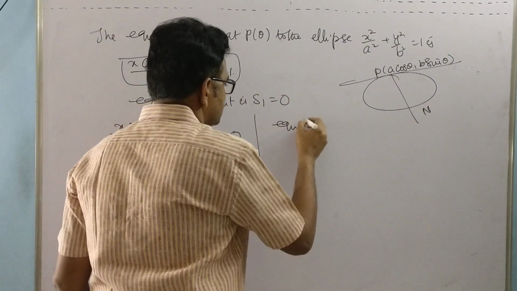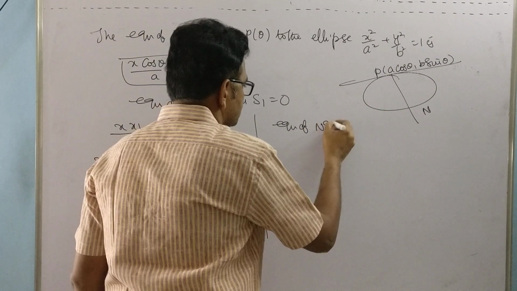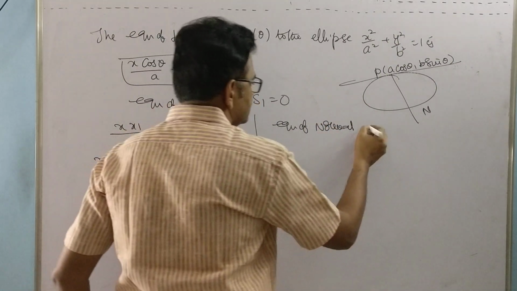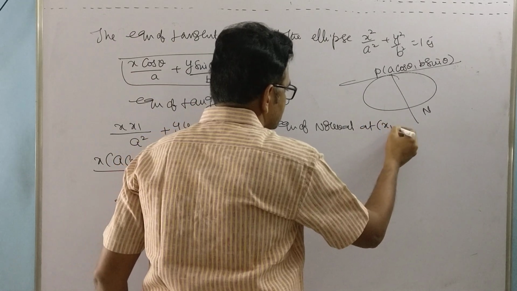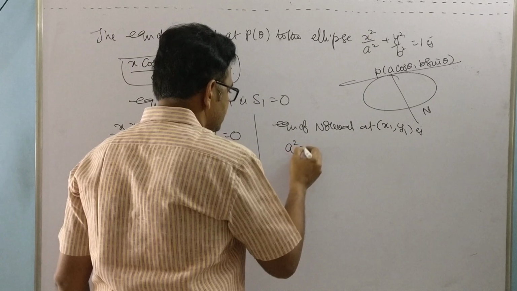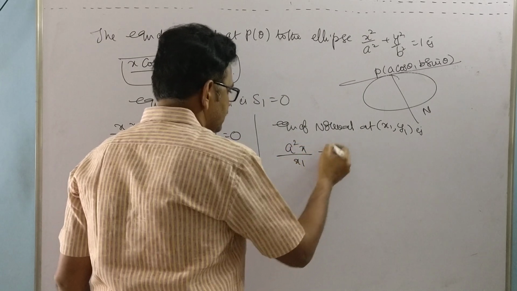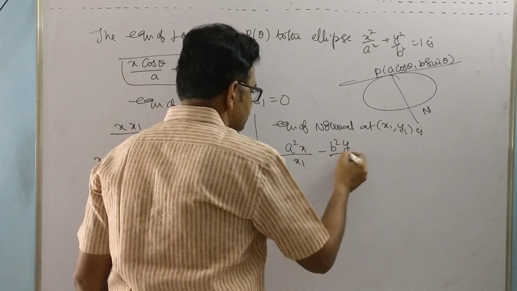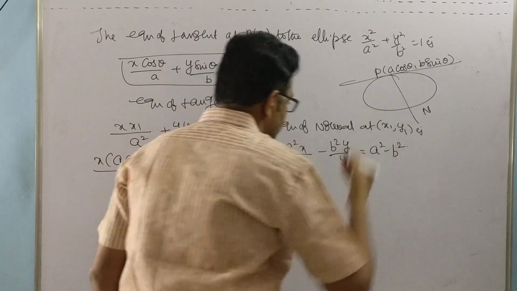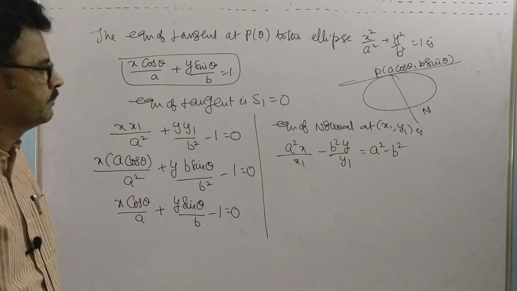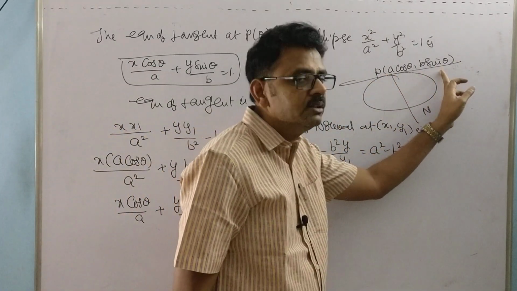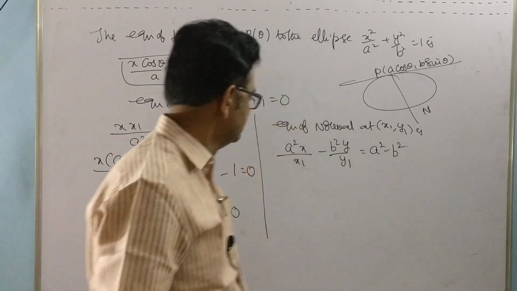The equation of normal at the point x1 comma y1 is a square x by x1 minus b square y by y1 is equal to a square minus b square, where x1 comma y1 is a cos theta and b sin theta.